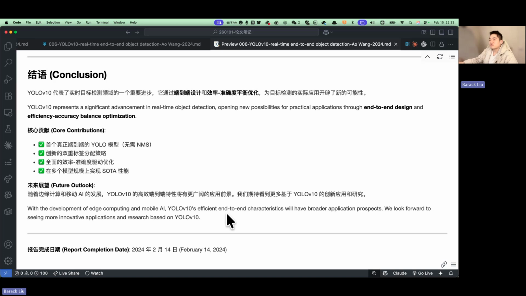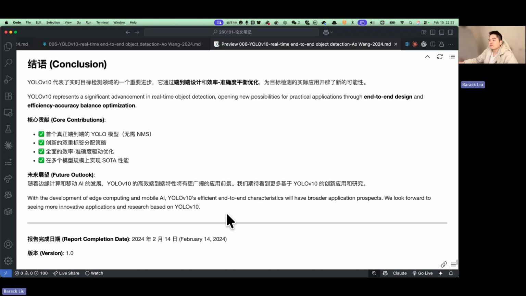With the development of edge computing and mobile AI, YOLOv10's efficient end-to-end characteristics will have broader application prospects. We look forward to seeing more innovative applications and research based on YOLOv10.